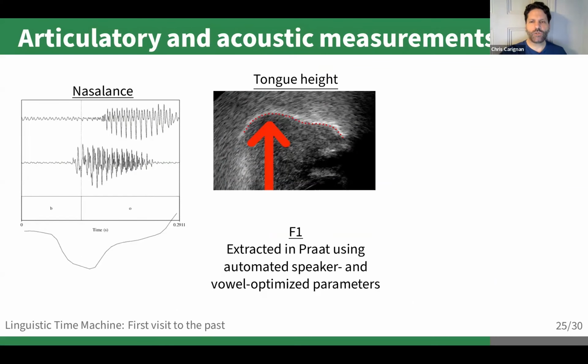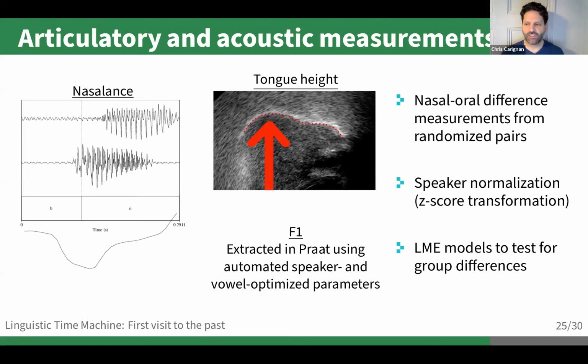For tongue height, I think I used EdgeTrack to track the shape of the tongue, and simply took, after rotating to the occlusal plane, the highest point of the tongue, wherever that may be. And this was usually, if not in all cases, somewhere on the tongue dorsum. And then F1 was extracted in Praat using automated speaker and vowel optimized parameters.